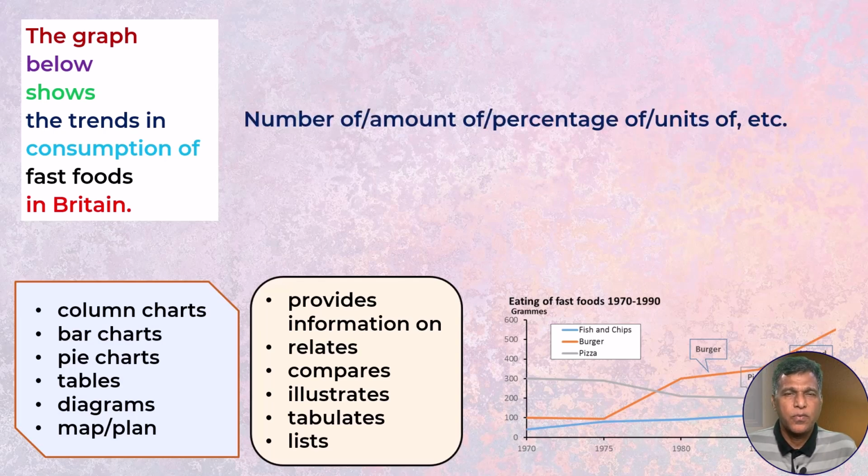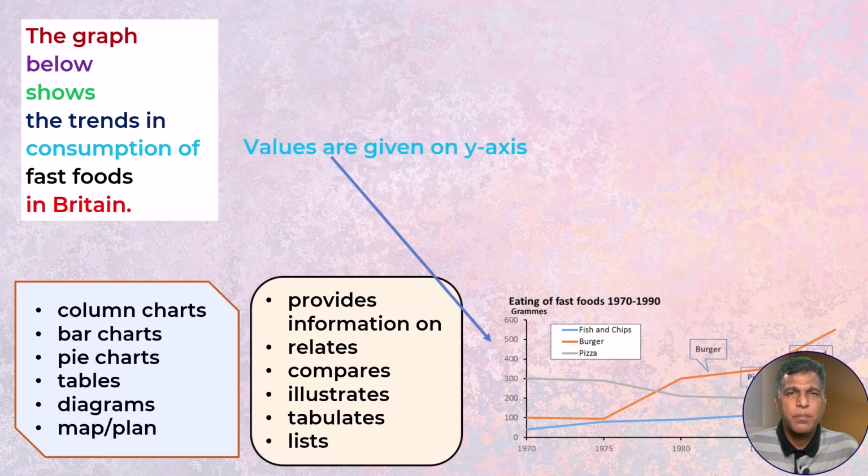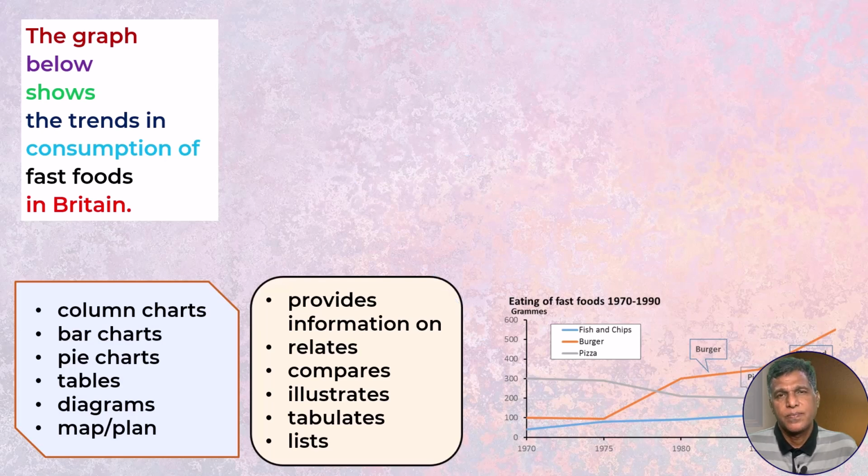Sometimes instead of the trends in, they give you the words like number of, amount of, percentage of, or unit of. Then comes the word consumption. This is the main idea of the graph, and its values are laid down on the y-axis. Next, we see fast food.